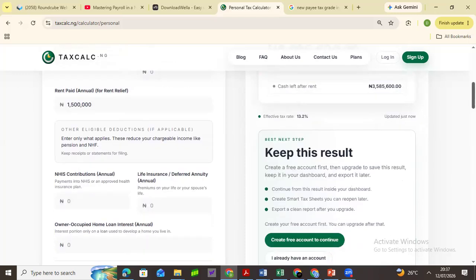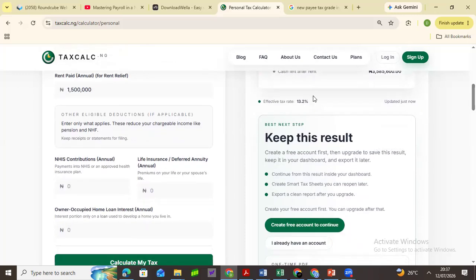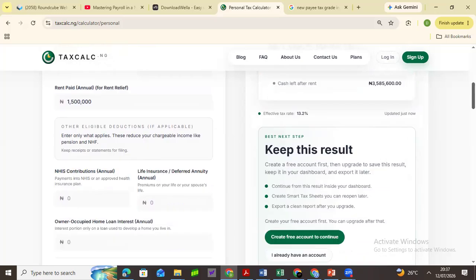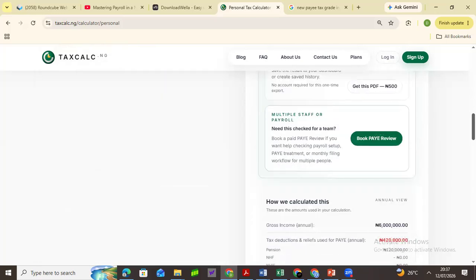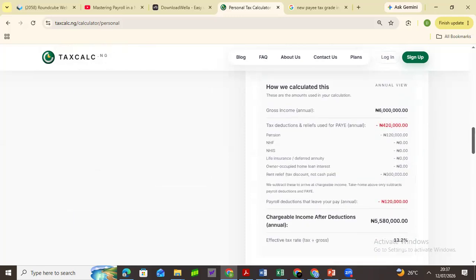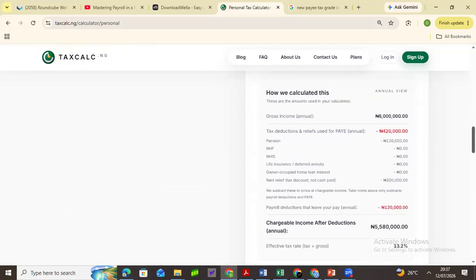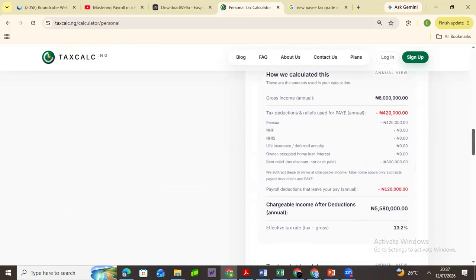Where's our tax? See the tax rate that they're giving for 5 million naira, 13.2%. So NHF, pension 120, NHIS 0, rent relief.